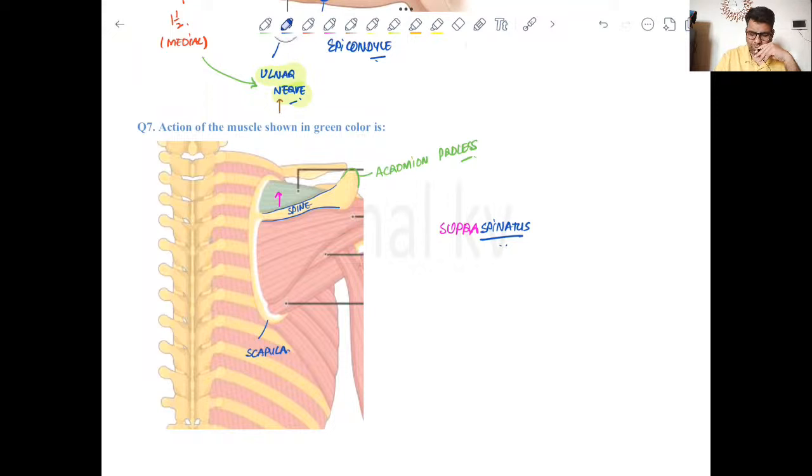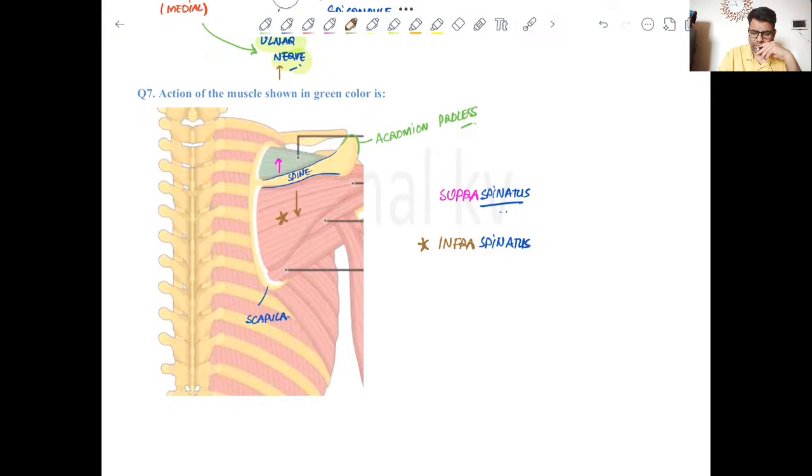Simply, if I ask you which muscle is this, now this is originating below the spine, so your answer will be infraspinatus, right? So I think this will help you. Sometimes in anatomy especially, you can apply a simple logic and you might reach up to the answer, right? So this one is of course supraspinatus, which is shown in green color, and the one which is shown below is infraspinatus, right? So supraspinatus, infraspinatus.